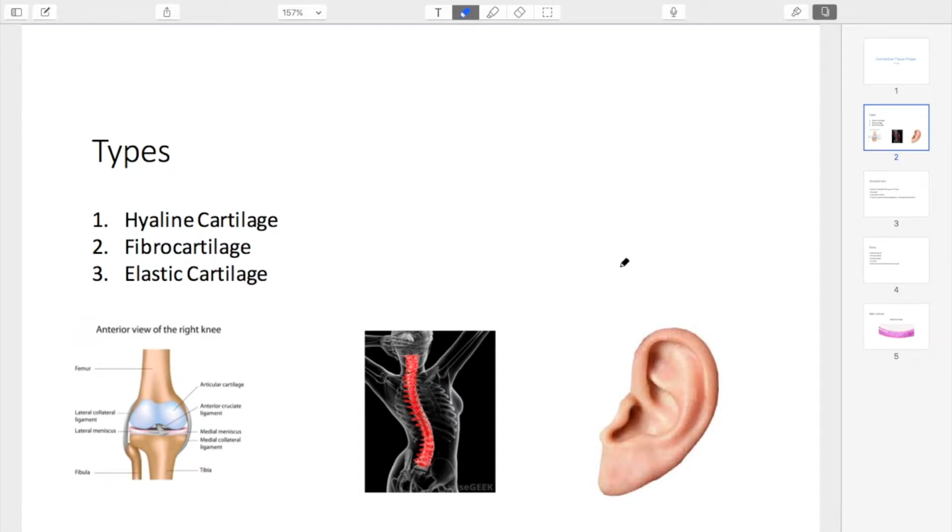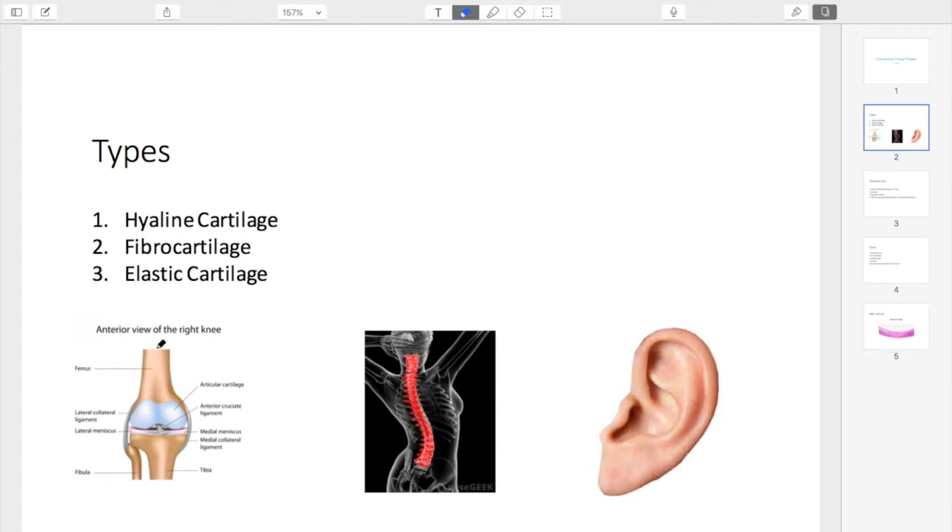Here you go. There are three types of cartilage we're going to cover in this course: hyaline cartilage, fibrocartilage, and elastic cartilage. This is an example of hyaline cartilage, this is an example of fibrocartilage, and this is an example of elastic cartilage.